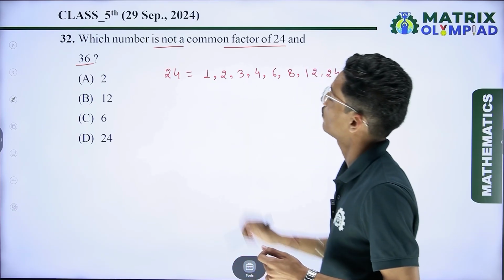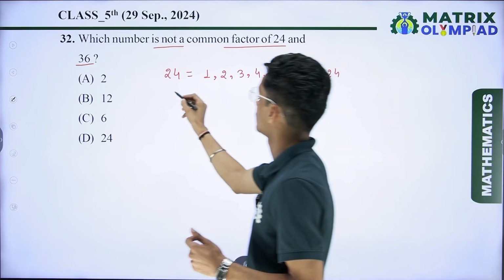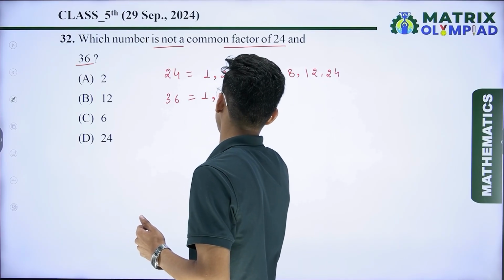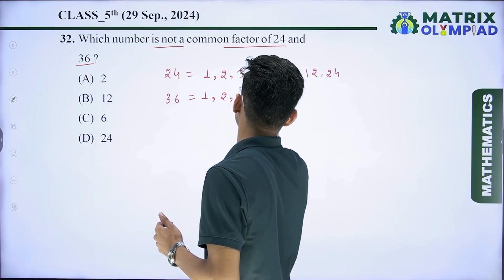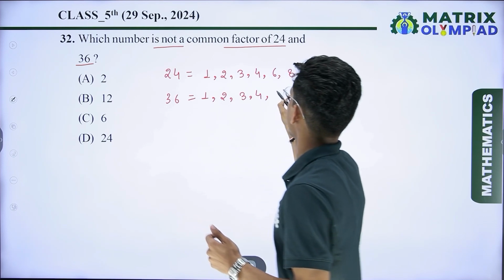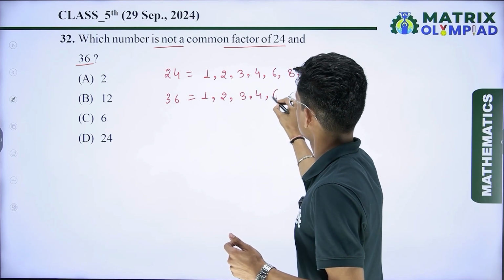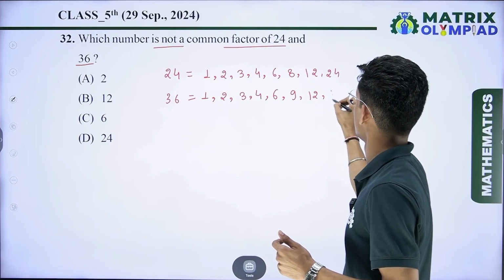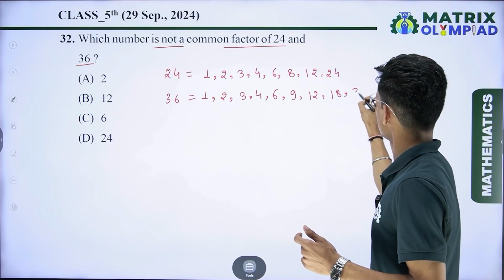All these are the factors of 24. If I talk about 36, then we can say that 1 is a common factor, 2 is a factor, 3 is a factor, 4 is a factor. I can say that 6 is a factor, I can say that 9 is a factor, I can say that 12 is a factor, I can say that 18 is a factor, I can say that 36 is a factor.